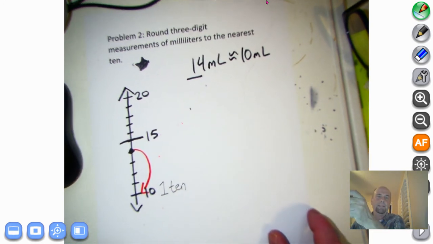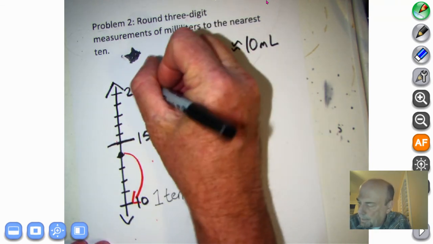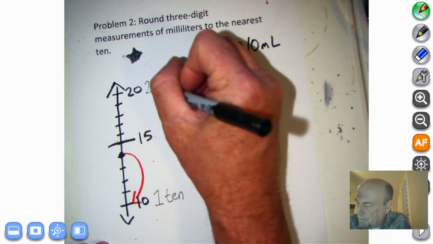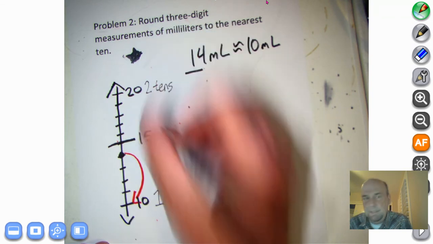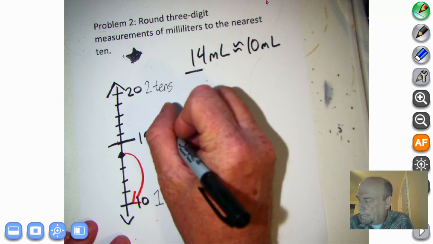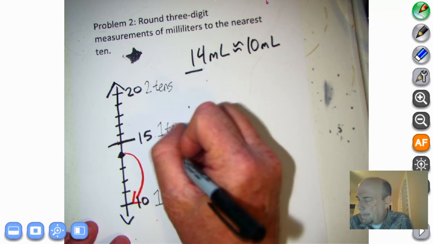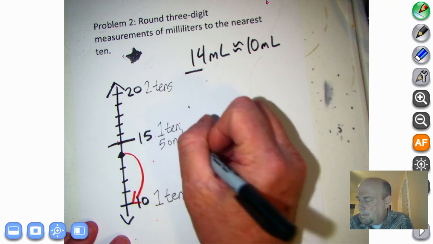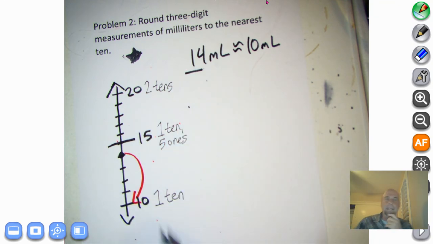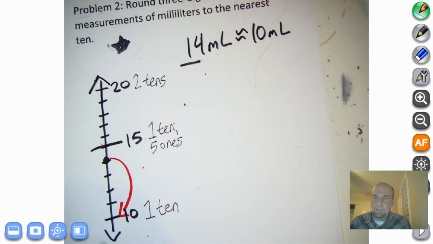Zoom in a little bit so you can see that a little clearer. And this up here, of course, is 2 10s. Hi, everybody. I'm 2 10s. And what is this number all about? What the heck is it? Well, it's 1 10, comma, 5 1s. So the midway point between 1 10 and 2 10s is 1 10 and 5 1s.